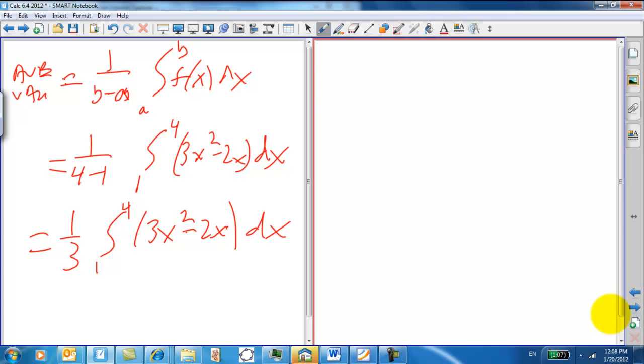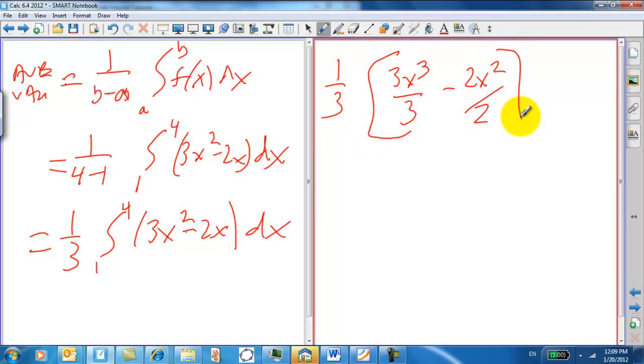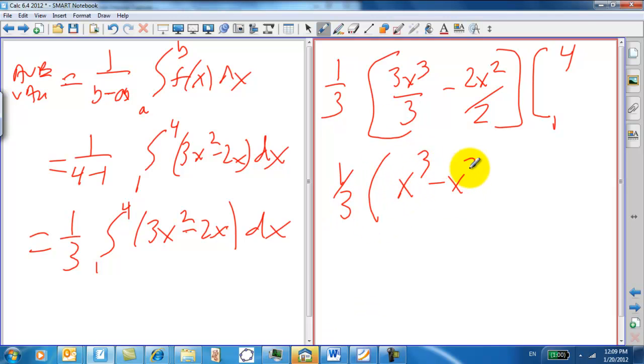Alright, so that's 1/3, and now we crank this up a power. We say 3x cubed over 3 minus 2x squared over 2 evaluated from 1 to 4. Now that simplifies a bit. We get x cubed minus x squared evaluated from 1 to 4.